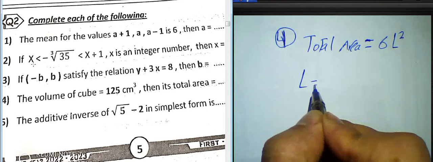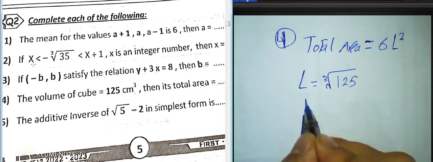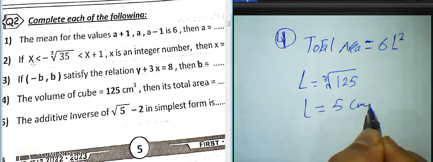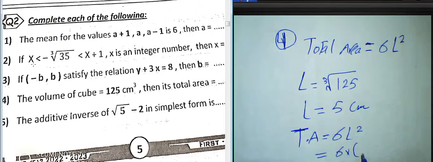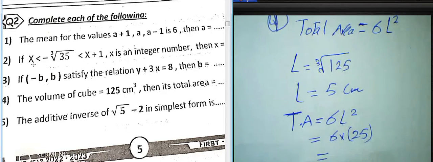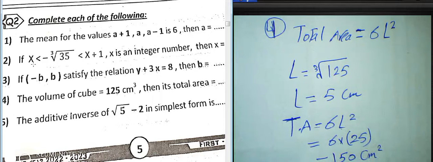We can find the length by taking the cubic root of 125. The length will be 5 centimeters. Then total area equals 6 multiplied by 5 power 2, which is 25. Then the total area will be 150 square centimeters. That is the total area.